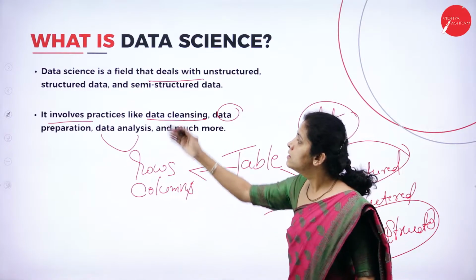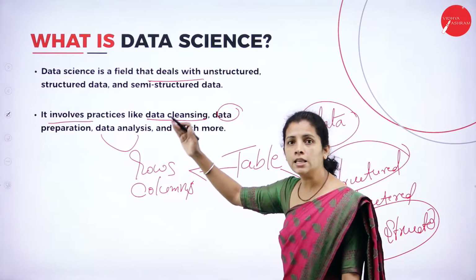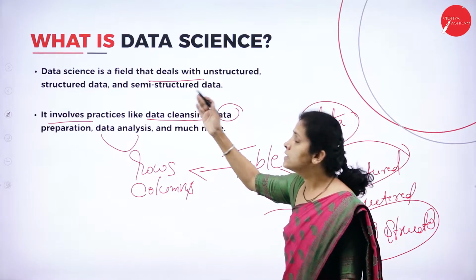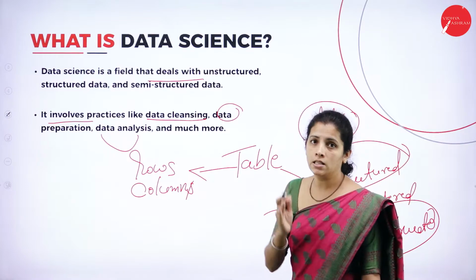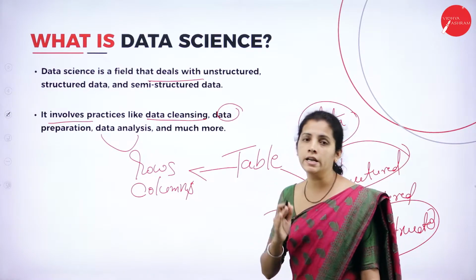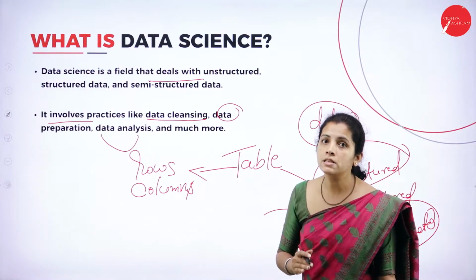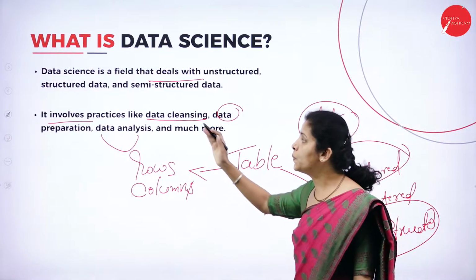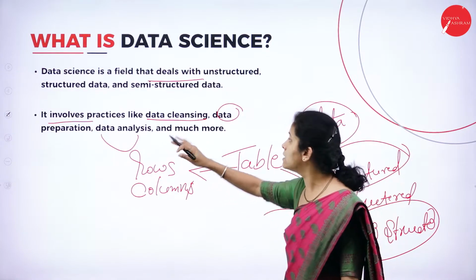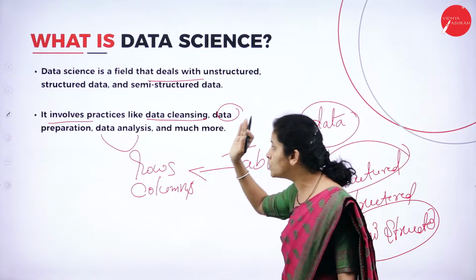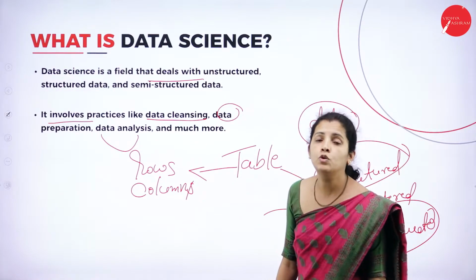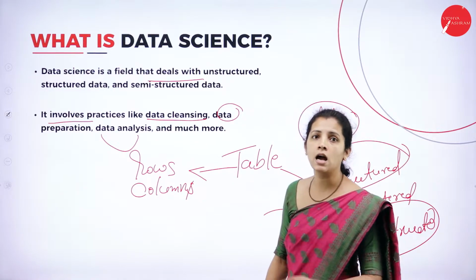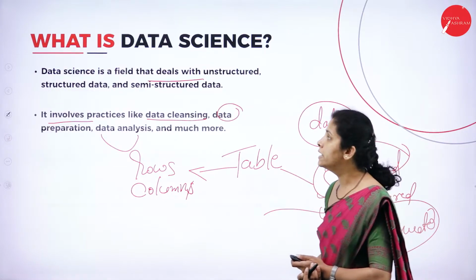So data science is the field that's going to deal with unstructured data, structured data as well as semi-structured data. Along with that, it deals with how to clean the data, how to organize the data, how to prepare the data as well as how to analyze the data.